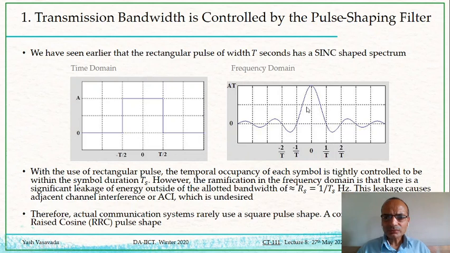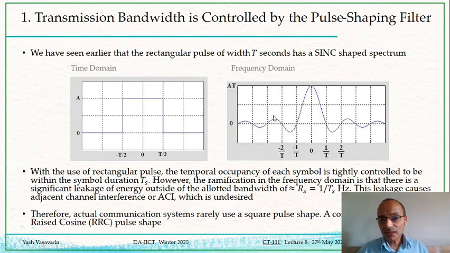And so you may have to reserve as much as maybe 5 or 10 times the symbol rate in bandwidth. If you're transmitting at, let's say, 100 mega symbols per second, you may have to reserve a bandwidth of 500 megahertz, or maybe even 1000 megahertz, 1 gigahertz, if you were to use a sinc shaped function.